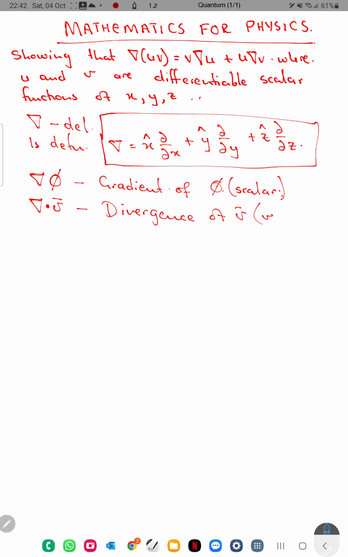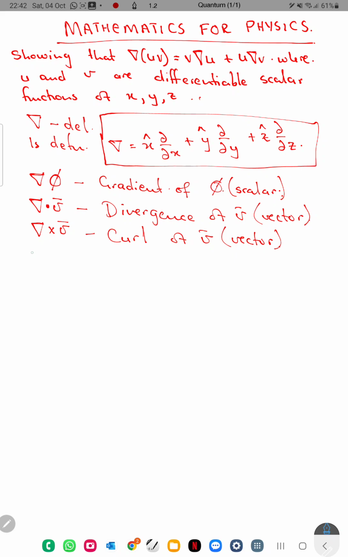And if we have del cross v, where v is a vector, this is called the curl of v.